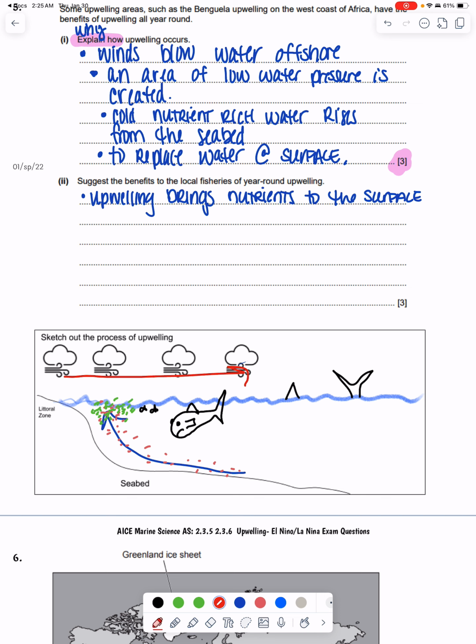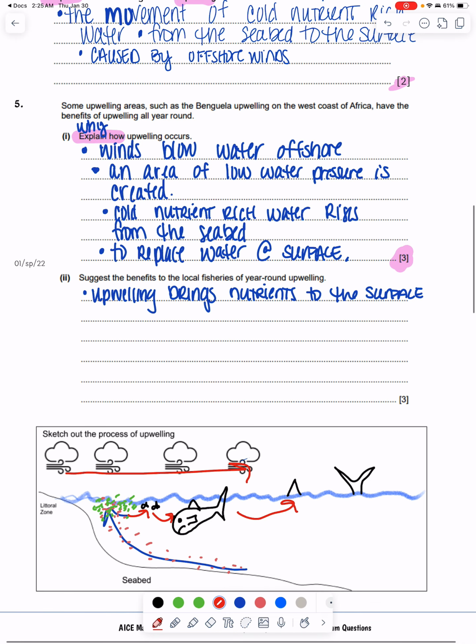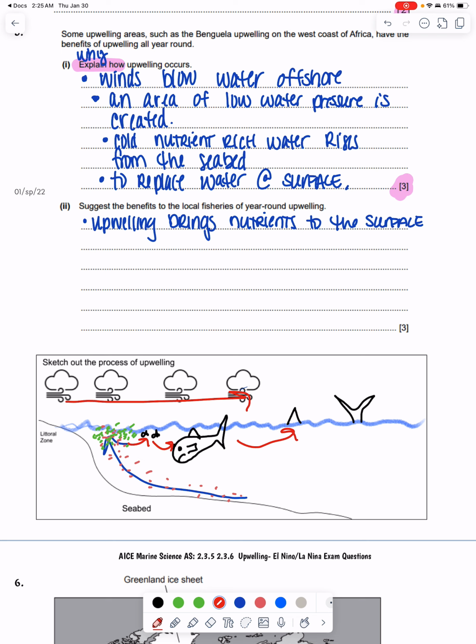All right. But the question's talking about fisheries. Fisheries are like fishing companies, so fishermen, fisherwomen. So we need to consider the fishermen.